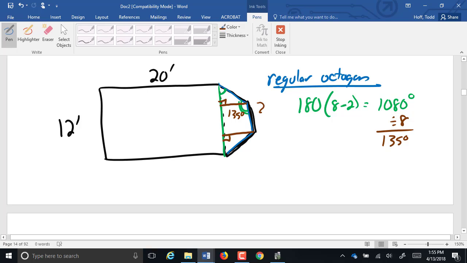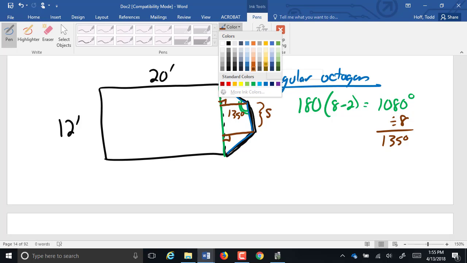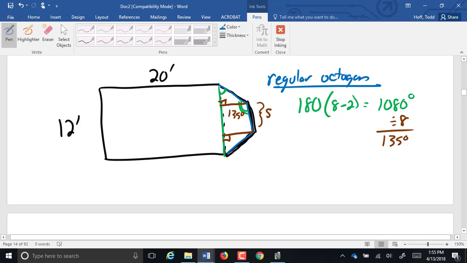What does that help us with? How do I find the length of this side here? Do you remember? You can do it. If I call these each s, it's not 8s.